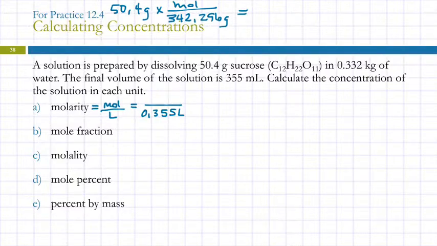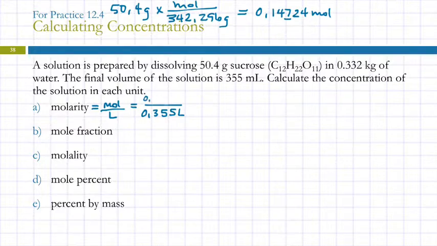So 50.4 divided by that, 0.14724. 147, 3 sig figs, 2 extras to avoid rounding errors. That's the amount of sucrose in moles. Anybody else doing it can confirm that I did it correctly? No, you're all just watching. It's okay.